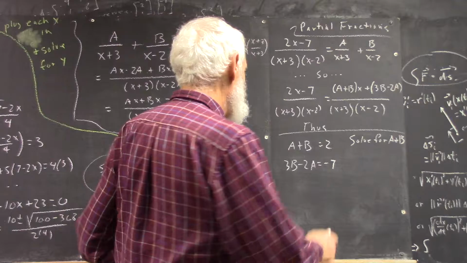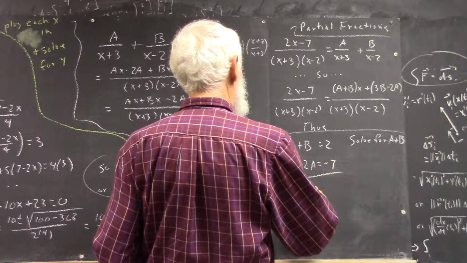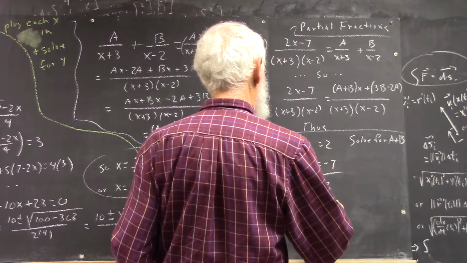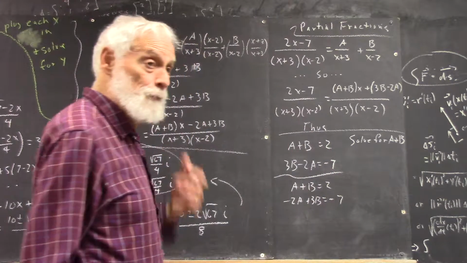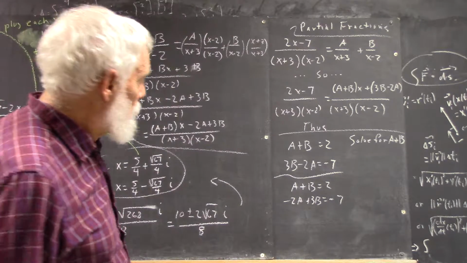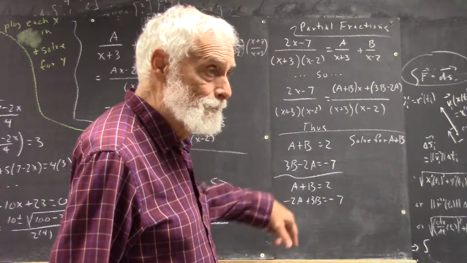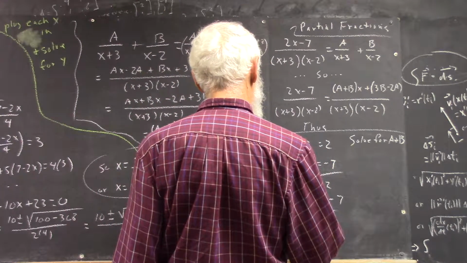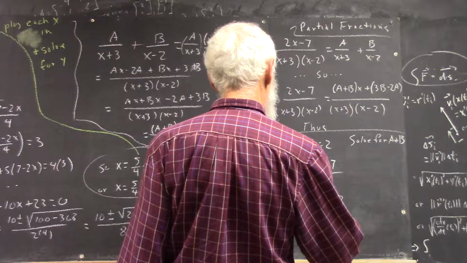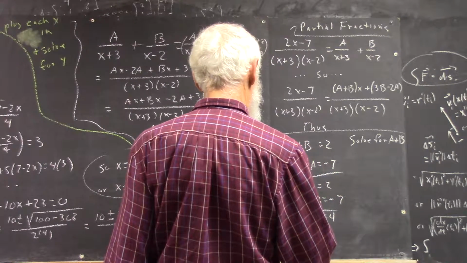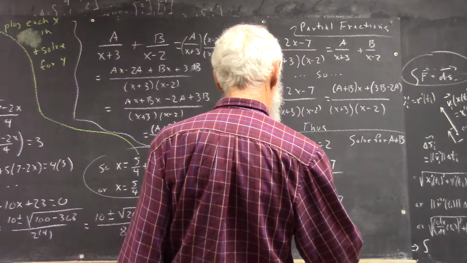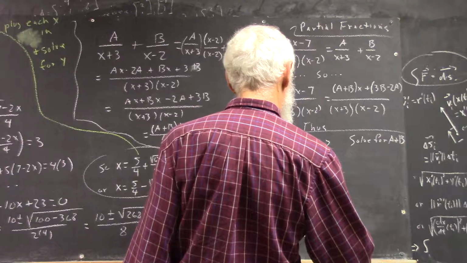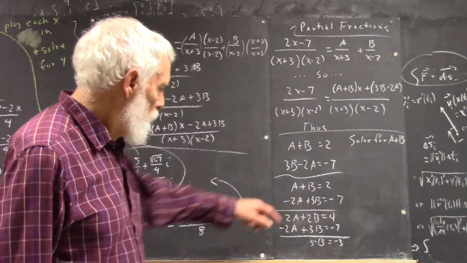So I'm going to rewrite this. a plus b equals 2, negative 2a plus 3b equals negative 7. Okay? If I double the first equation and add them, the a's go away.